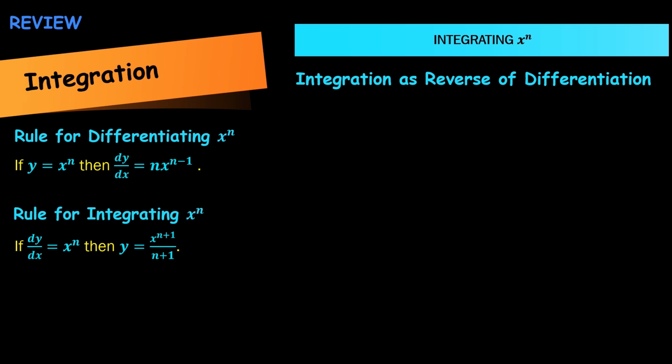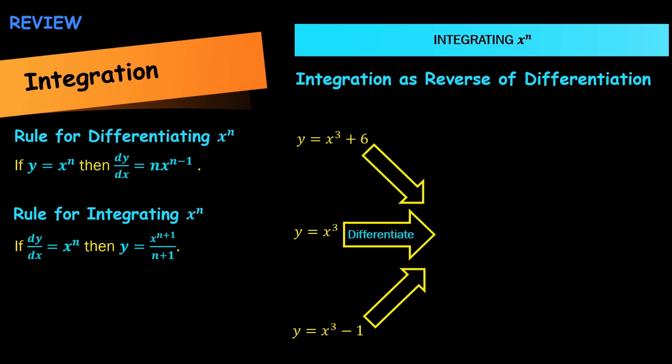Now, integration is the reverse of differentiation. Before we go into any more details, let's take a look at 3 more examples. Y equals x cubed plus 6, y equals x cubed, and y equals x cubed minus 1. All 3 functions are different.